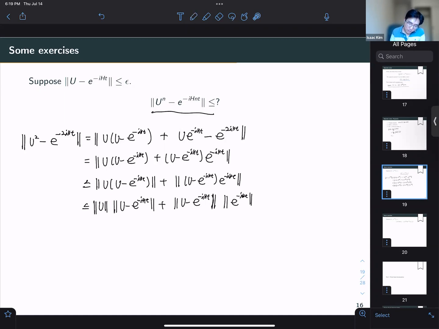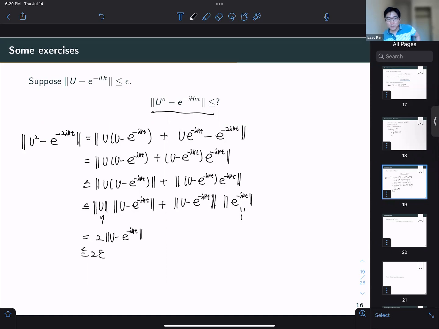Then what do we see? We see that both unitary U and e to the minus iHt are unitary operators. So this is 1, and that's also 1. Therefore, this is equal to this thing, which is upper bounded by 2 epsilon.